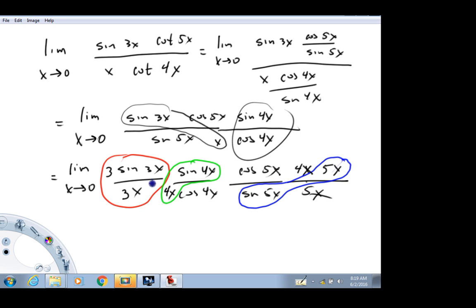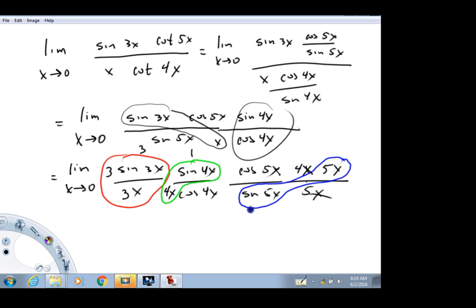So if I kind of go through this, this thing in red becomes a 3 because sine of 3x over 3x is 1, but there's a 3 sitting in front of it. This thing in green becomes a 1, or I should say the limit of that thing in green is 1 because sine of 4x over 4x goes to 1 as x goes to 0.